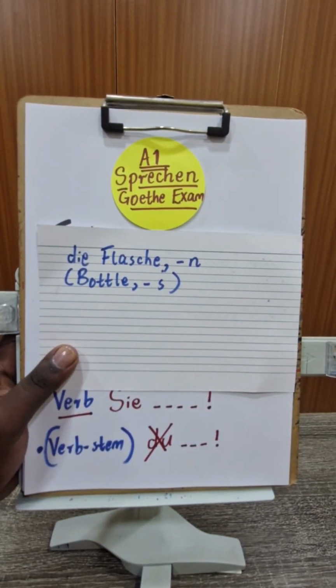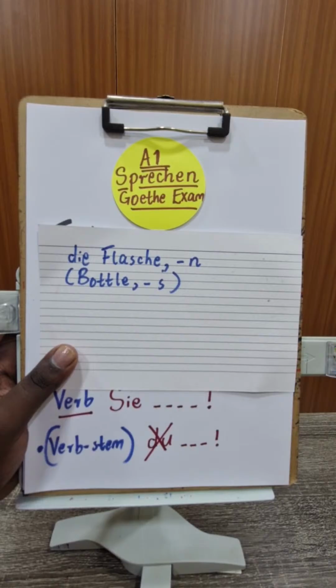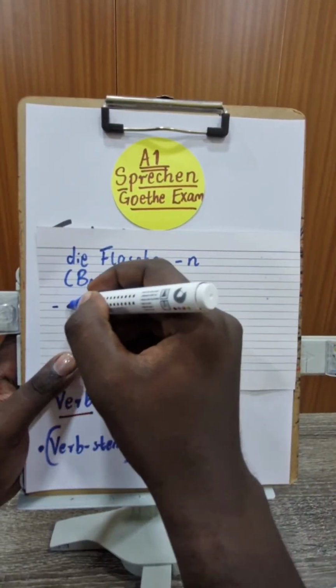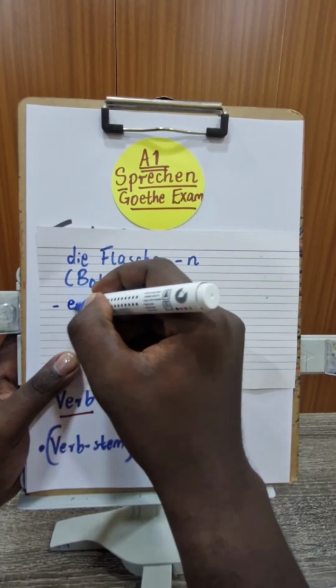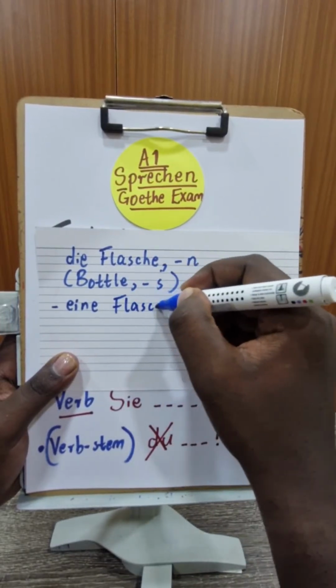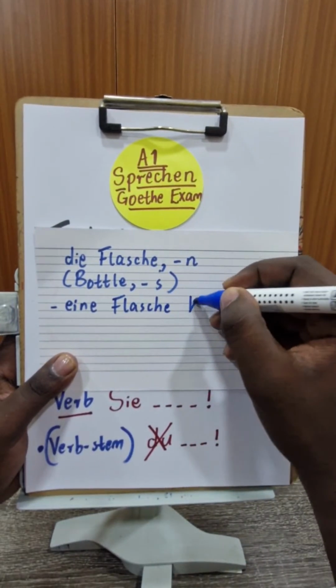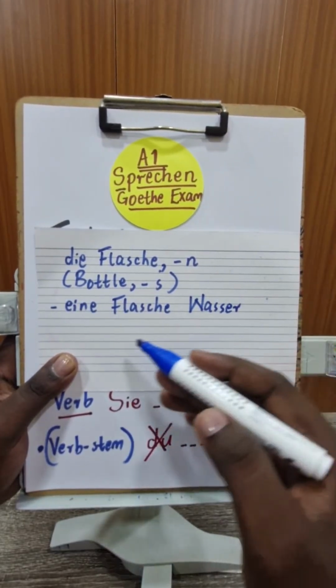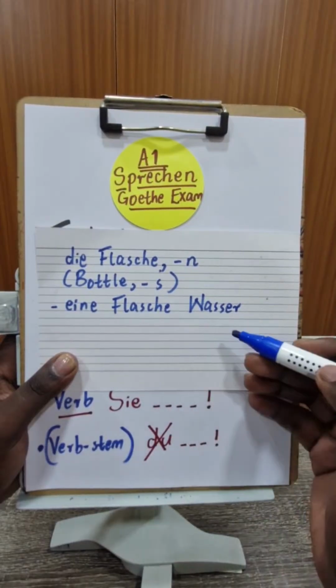So you could go ahead and form a request with the bottle. The phrase is eine Flasche Wasser. This means a bottle of water.